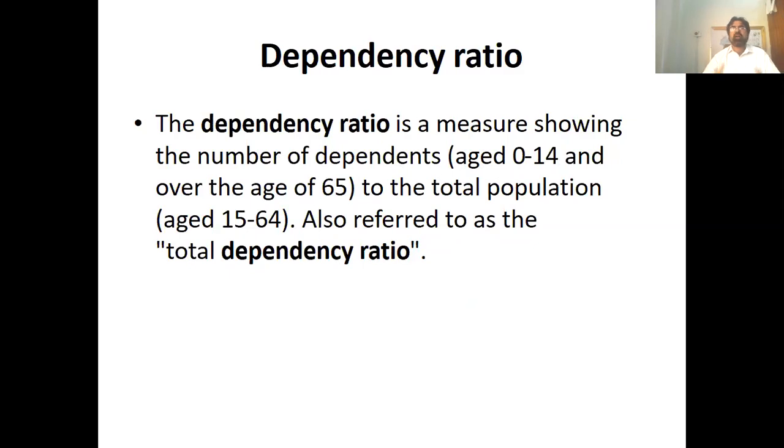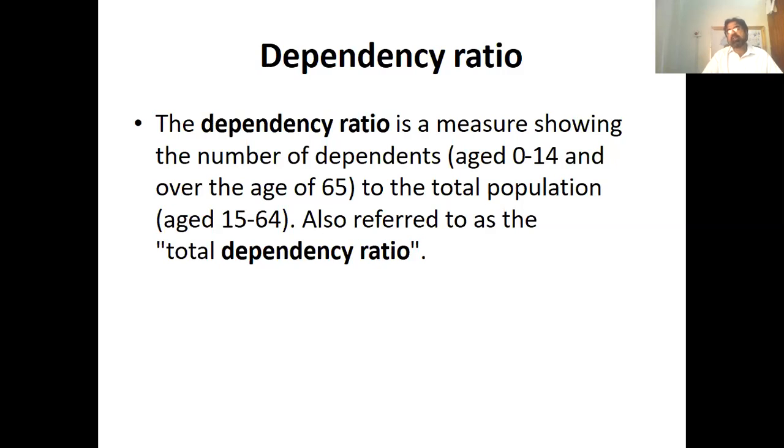Different countries have different dependency ratios. In poor countries, the dependency ratio is higher as compared to the European countries, because in Europe, when a child reaches a specific age, that is 14, and in some countries 18, the parents are no longer supporting those children. They are earning by themselves and supporting themselves.